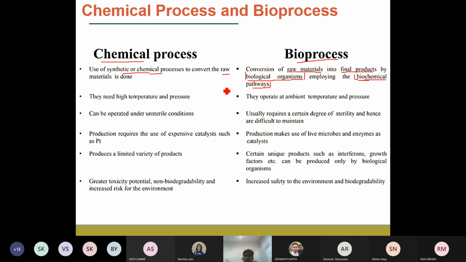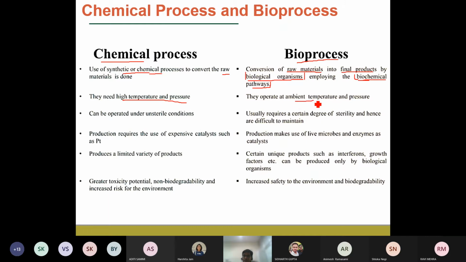These are very basic fundamental things on which they vary. Generally, chemical processes need high temperature and pressure. But in bioprocesses, high temperature and high pressure are not feasible, because at high temperature and pressure the microorganisms you are going to use will die.